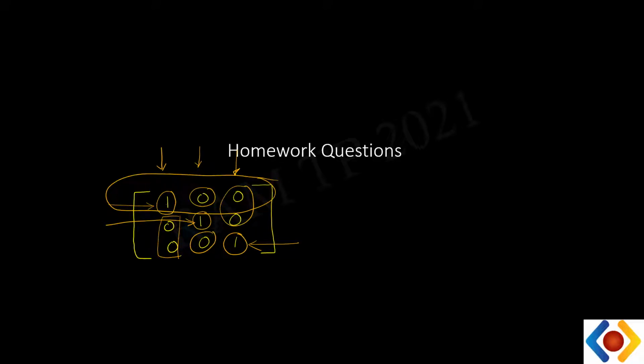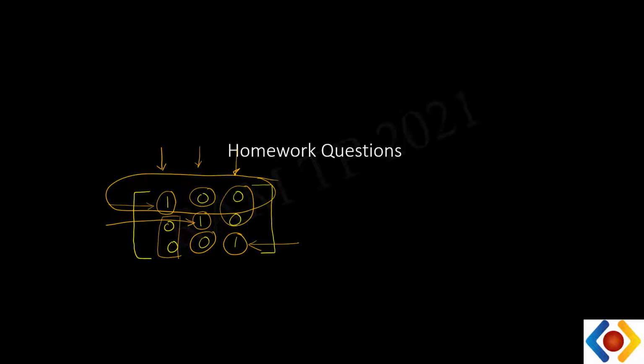Sir, if we didn't go horizontally, can we use the row switch method? Instead of row switch, you can go for column switch, right?